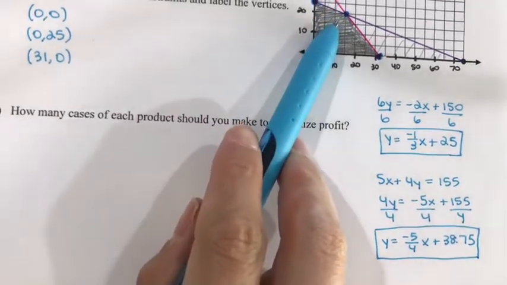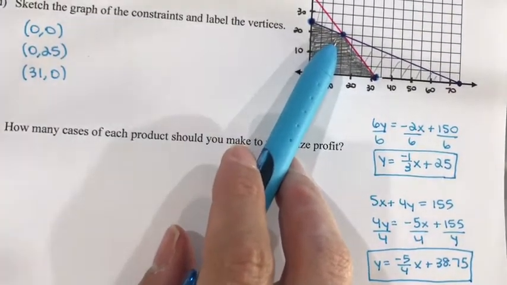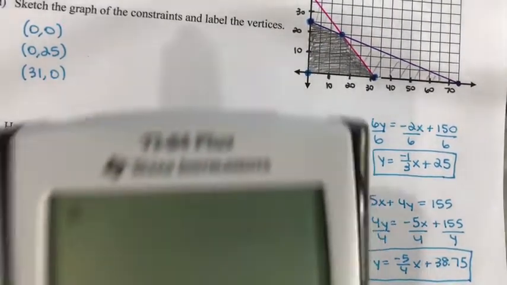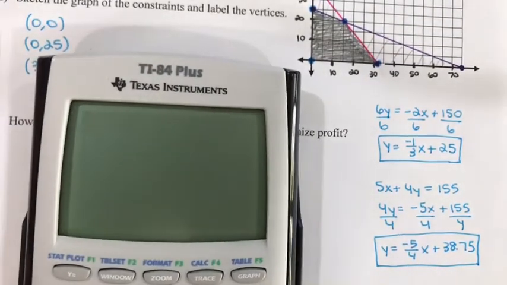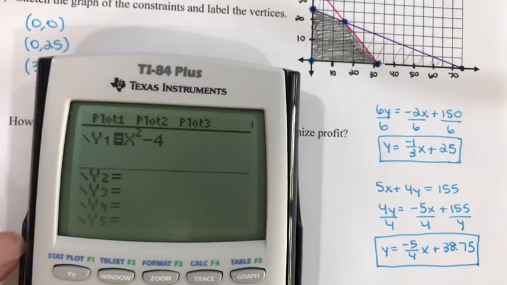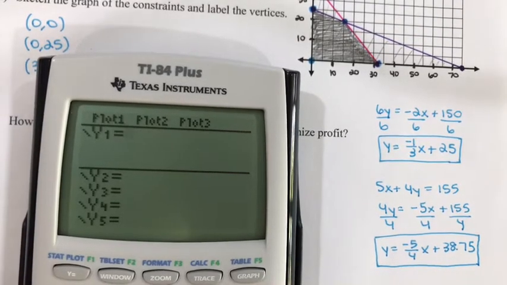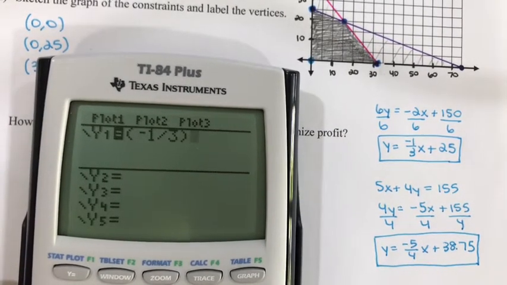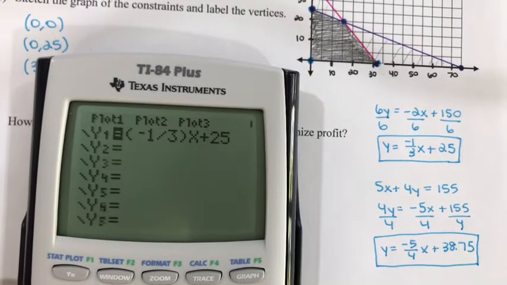Remember, we're looking for the intersection point. That's something our calculator can pretty easily do once we plug the equations in. So I'm going to go into y equals, clear that out, and write in my first equation. I'm going to use parentheses around that fraction. So I've got negative 1/3 x plus 25. And my bottom equation, we're going to type that in too.